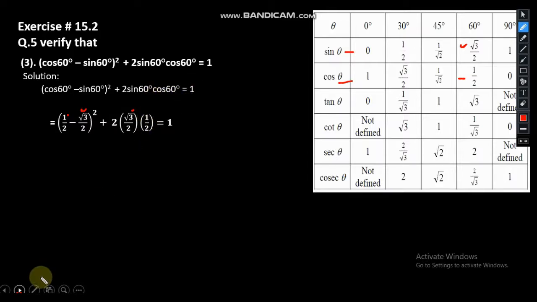Now next step, we can take the LCM 4 and open with the formula a minus b whole square.